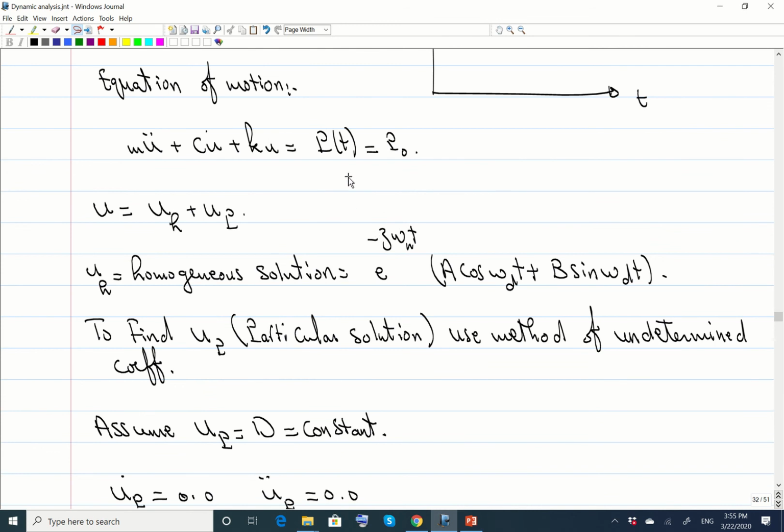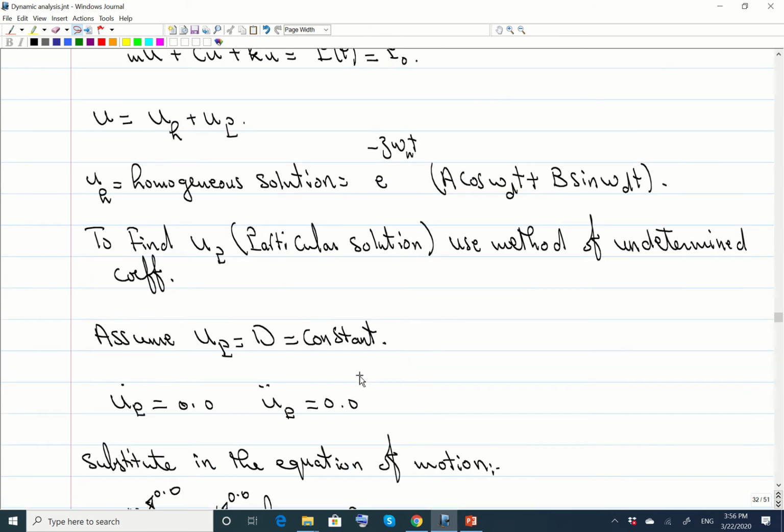Now for the particular solution, there is a method called the method of undetermined coefficients, a mathematical method that you should have learned in the differential equation class. You assume that the particular solution is an algebraic function that has terms up to the highest power of t appearing on the right-hand side. That term is just P node, a constant, so we assume the particular solution is a constant d.